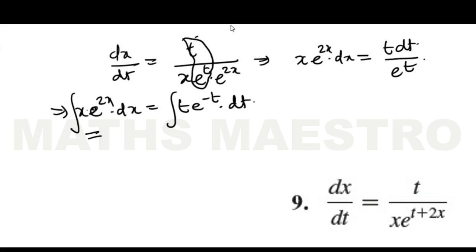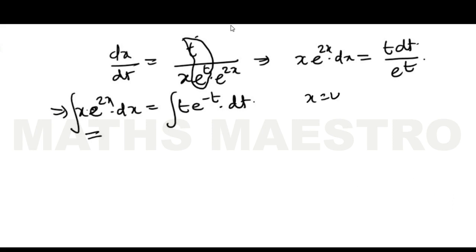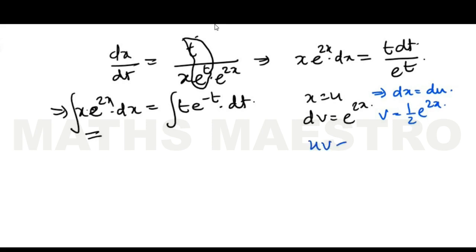So the integration by parts of the left hand side: if we assume x is equal to u and dv is equal to e to the power 2x, we get dx is equal to du, and v is equal to half e to the power 2x. The formula is uv minus integral of v du, and u is x.